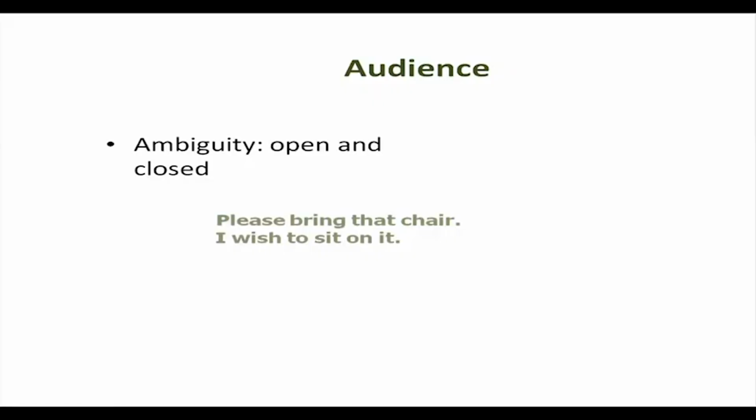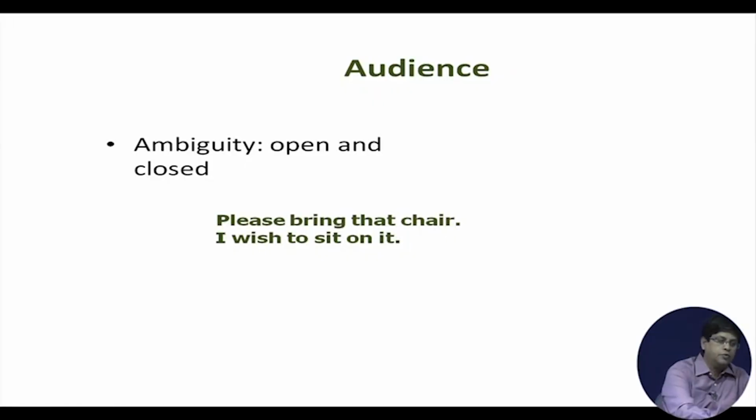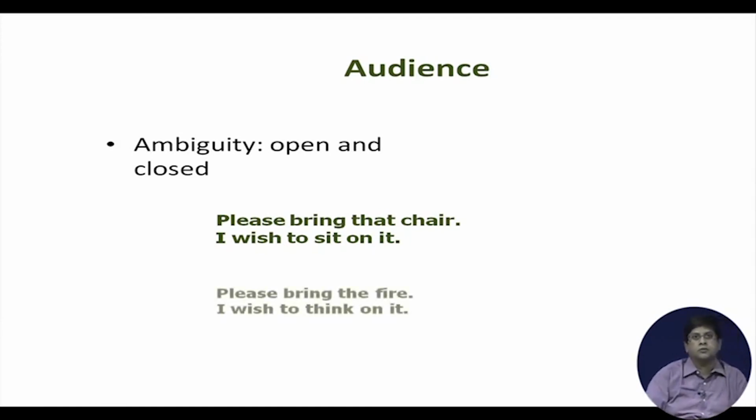So, I am giving you two sentences, and although they look pretty similar, in the first case the meaning is pretty clear, in the second case it is confusing and the meaning is not at all clear.